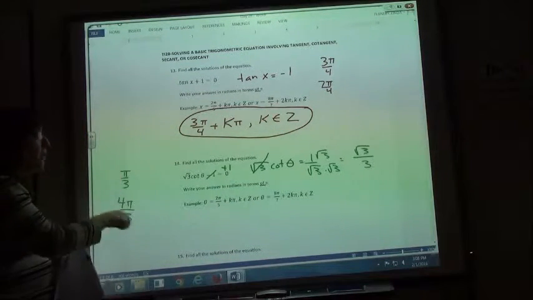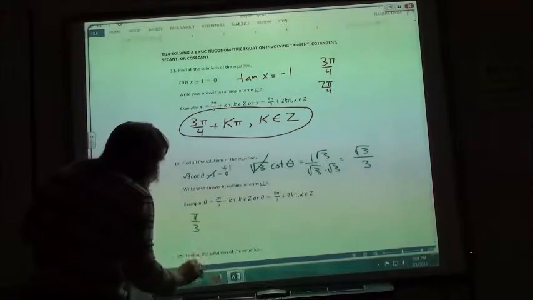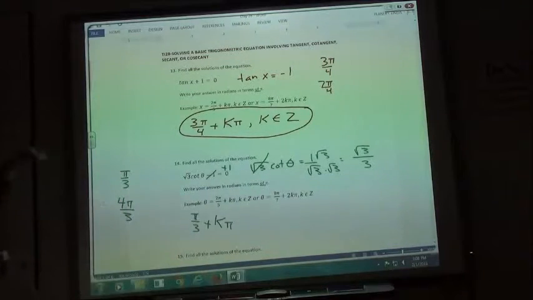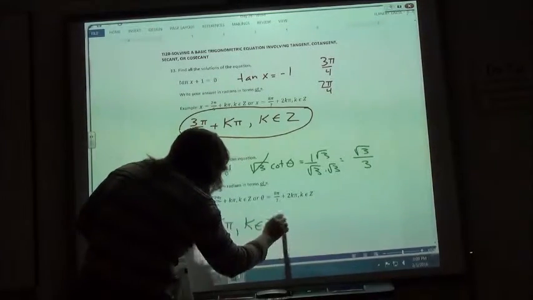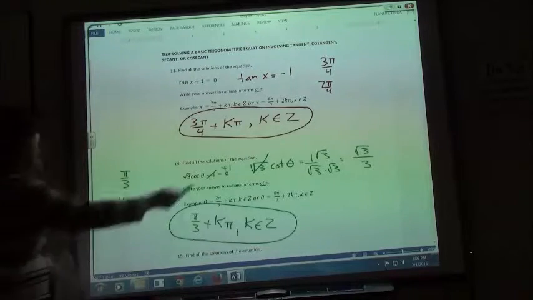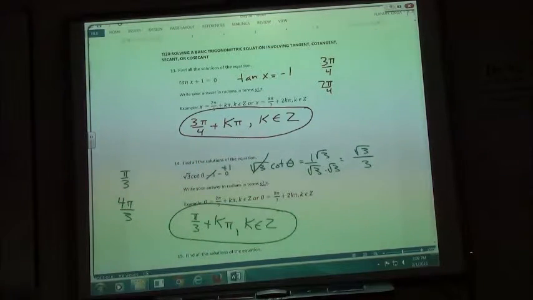And so I'm going to combine that into 1 using my first angle. I'm starting at pi over 3. I can go k pi, add 1 pi, 2 pi, 3 pi, 4 pi, 5 pi, with k being an element of z. So almost always on tangent and cotangent, I'm going to have plus k pi instead of 2k pi, and I'm going to combine my 2 answers into 1.